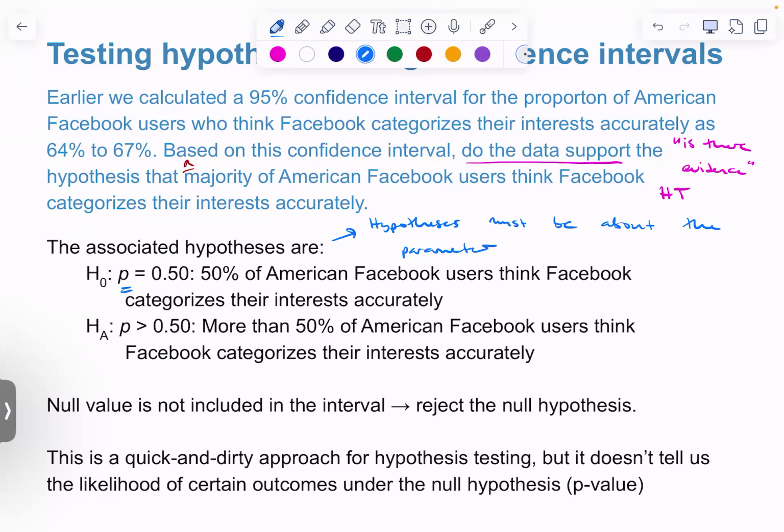The population proportion of American Facebook users who think Facebook categorizes their interests accurately. Now, when we talk about a majority, and you're going to see a majority in a lot of the questions, it's kind of a go-to question. Is there evidence of a majority here? When you see a majority, that's 50% or more.